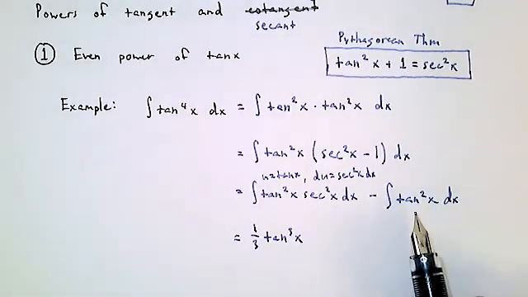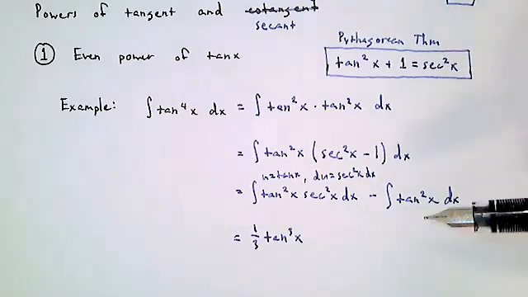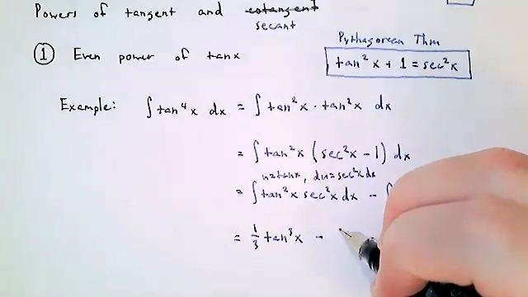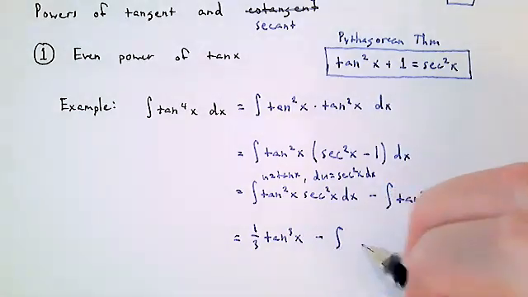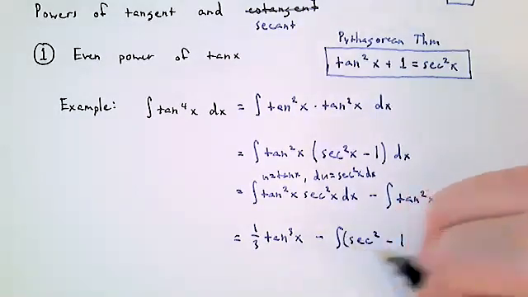The second one, we're actually going to do this substitution a second time. So our tangent squared is going to become secant squared minus 1 again.